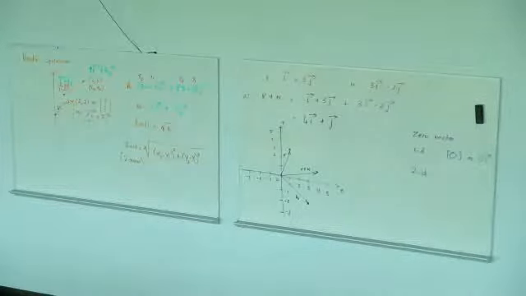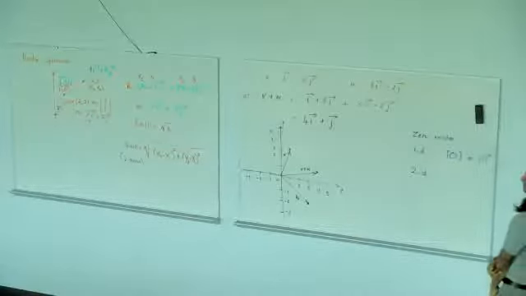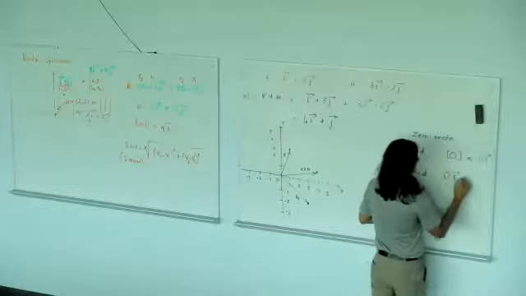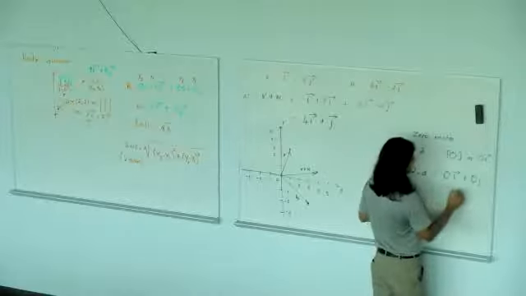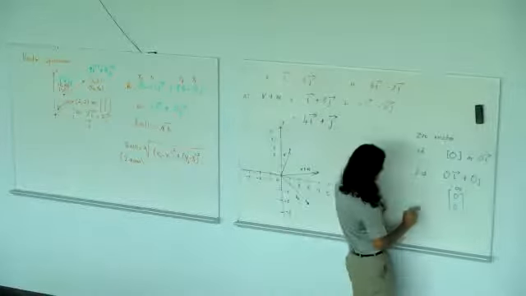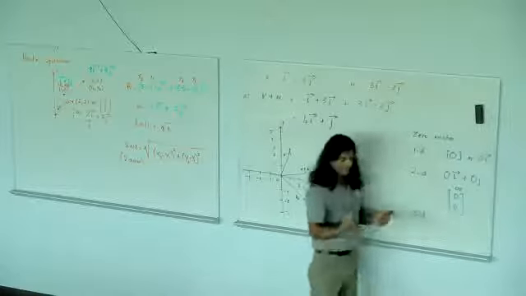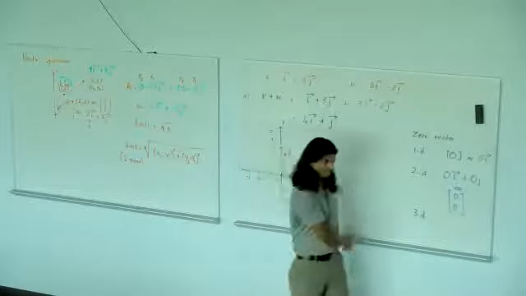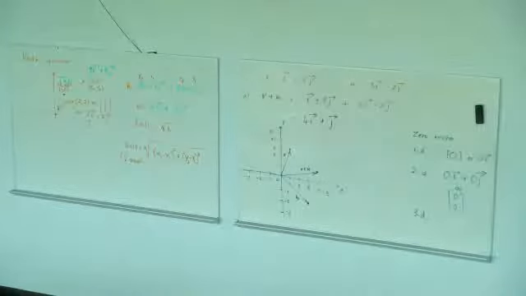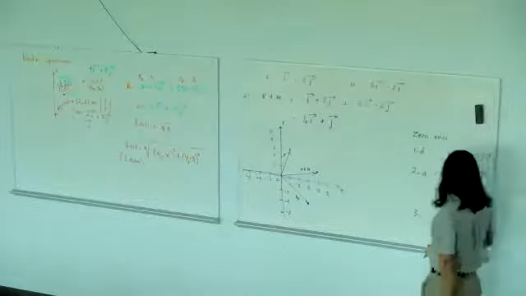What is that vector? 0 I plus 0 j. Another case is 3D. The 0 vector in 3D would be 0, 0, 0.